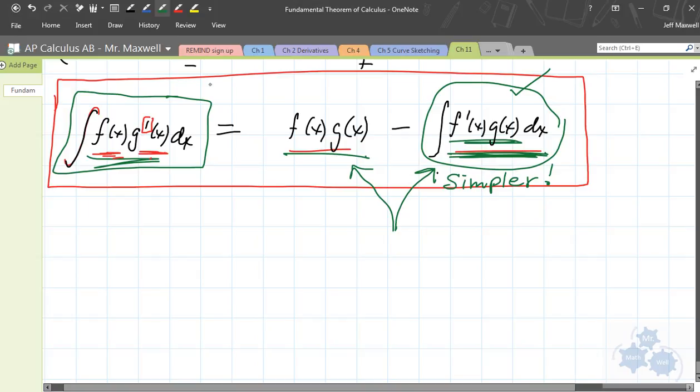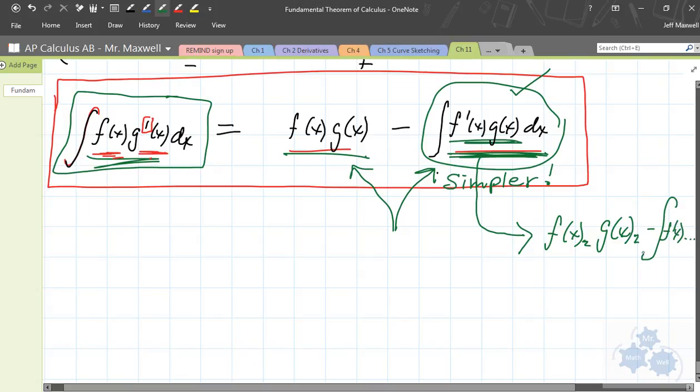In the tougher circumstances, you can start over and see this is another integral, and you can write this in terms of, for example, f of x two times g of x two. You can basically do integration by parts twice, writing it in terms of a hopefully yet simpler integral, and so on.